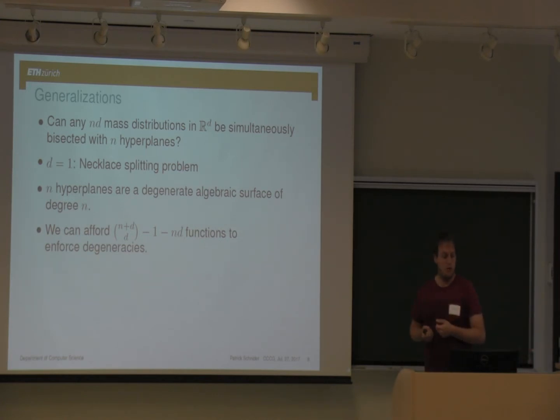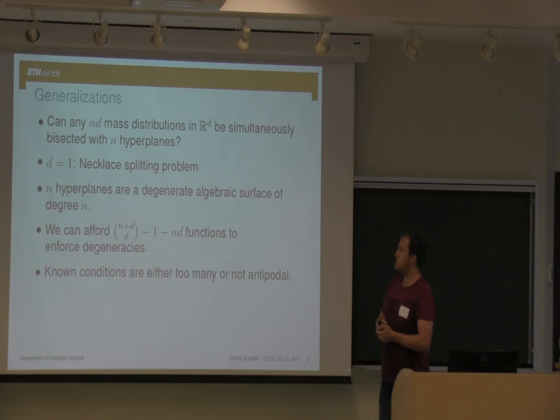So if we can somehow use these (n+d choose d) minus 1 minus n times d functions to enforce that we really have a very degenerate algebraic surface of degree n, we would be done. The problem is that there are some known conditions to enforce these degeneracies, but the ones that we found are either far too many or they're not antipodal. So we cannot use them yet. But if you know of anything in this direction, I would be very interested.